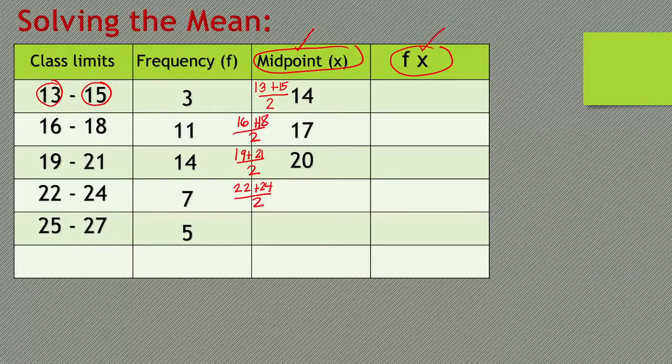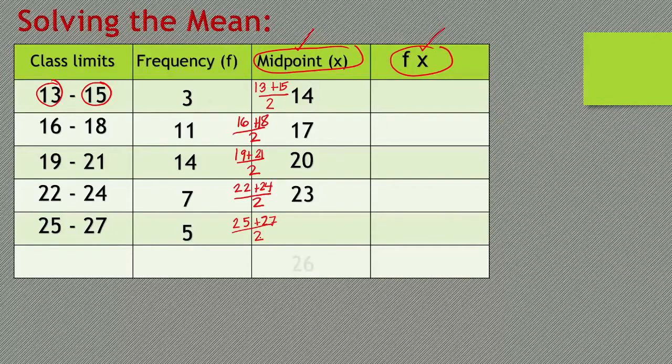Divided by 2 is how much? 23. What about 25 plus 27? 52. Divided by 2. 26.